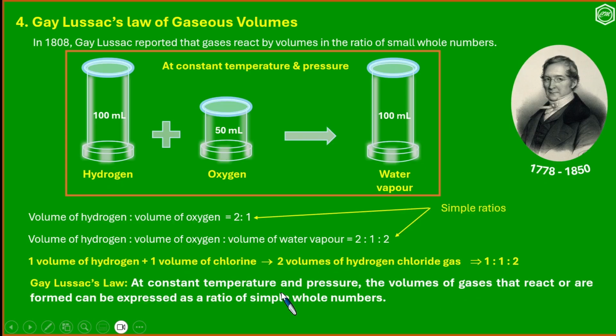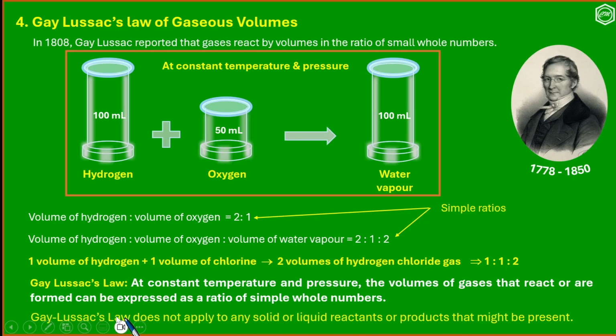The law could be stated as, at constant temperature and pressure, the volumes of gases that react or are formed can be expressed as a ratio of simple whole numbers. Remember, Gay-Lussac's law does not apply to any solid or liquid reactants or products that might be present.